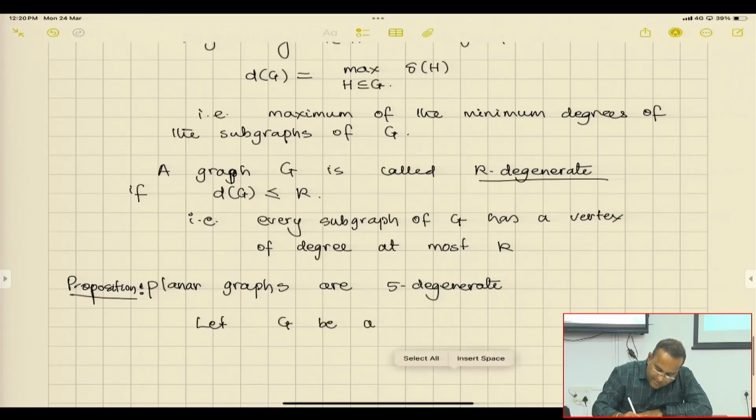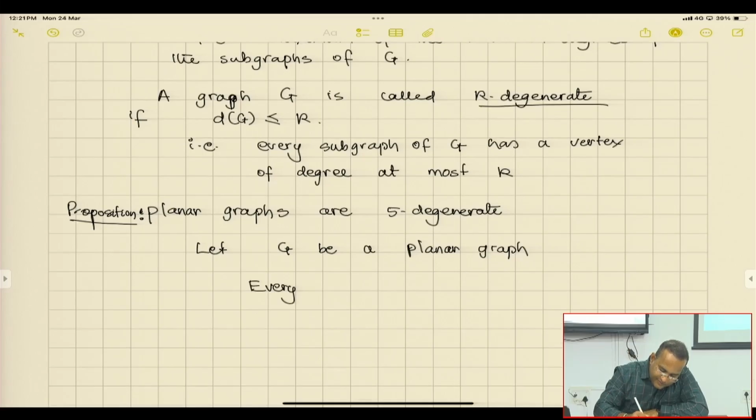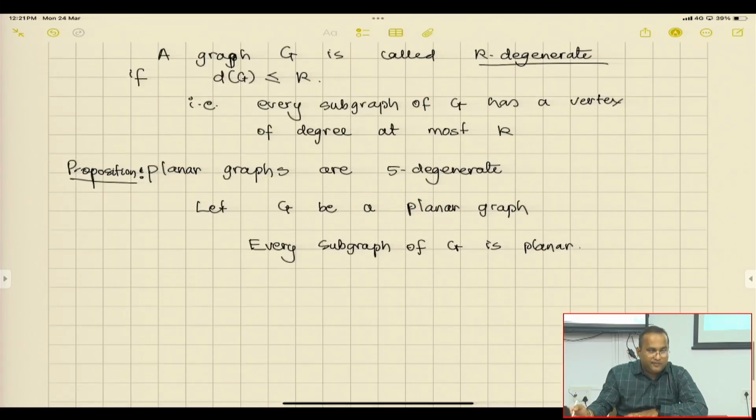Can you say that every subgraph of a planar graph is a planar graph? Every subgraph of G is planar, right?